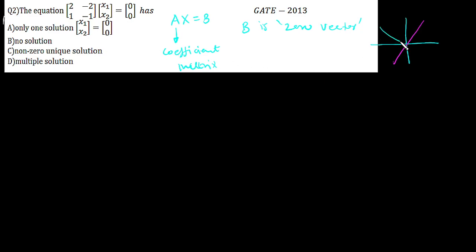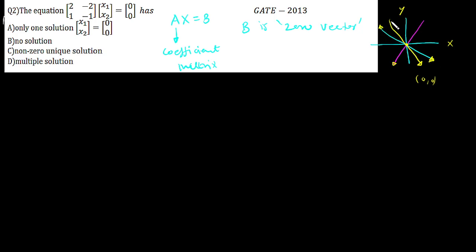For a homogeneous system of equations, it does not matter how many equations we have. If all equations are homogeneous, then they must pass through the origin. So this point is represented by 0, 0, and it is our solution for all homogeneous systems, and we are calling it a trivial solution.